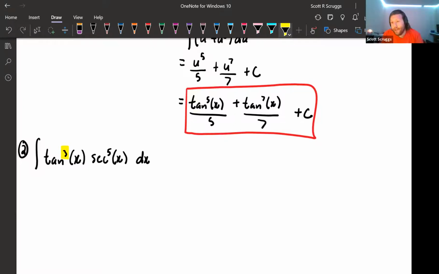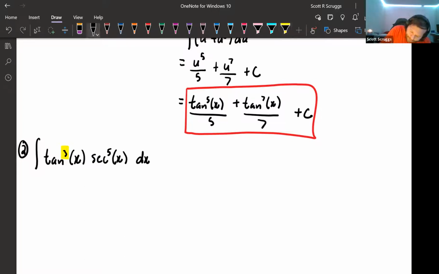The part that I look for, that notes that I will have to do this, is if the power that is married with the tangent term is odd. That is going to be my deciding factor of when I'm using this particular version of this method.